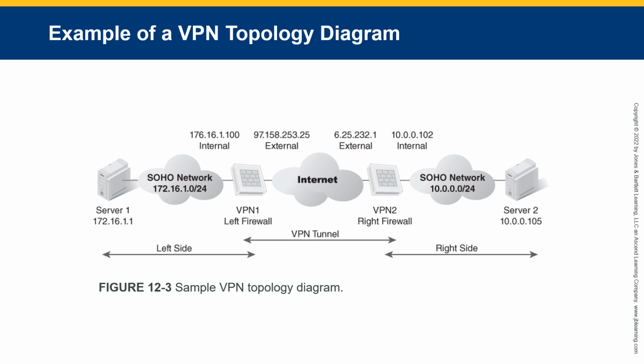And its external address is 97.158.253.25. And the external, the other one, so the VPN tunnel is between the two external interfaces. We have the routing between the 10.0.0.102 and 172.16.1.100 over here. Those will be utilized for that. Wish I could edit out these pictures, but this was provided to me from the publisher.